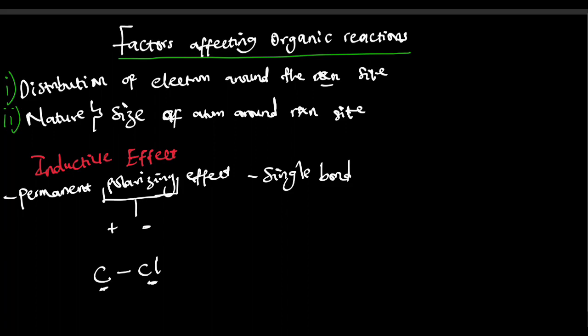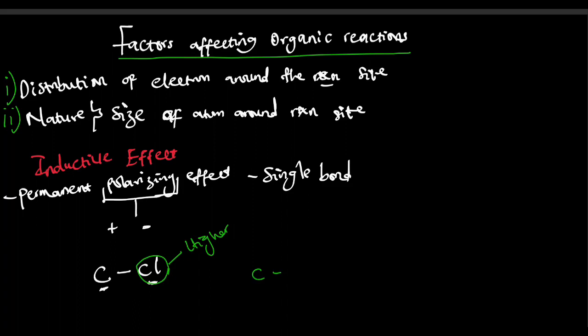On a normal circumstance, where will the electron be drawn to? Will it be drawn to carbon or to chlorine? Can you guess that? It will be drawn to chlorine. And why is it so? Because chlorine has a higher electronegativity value.